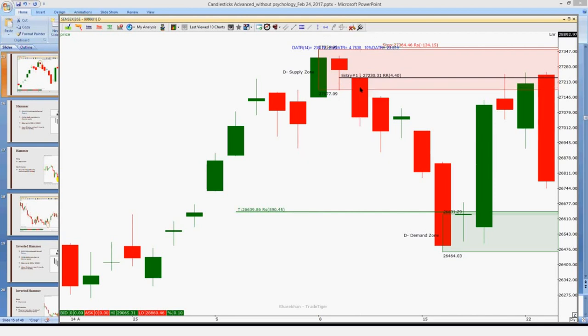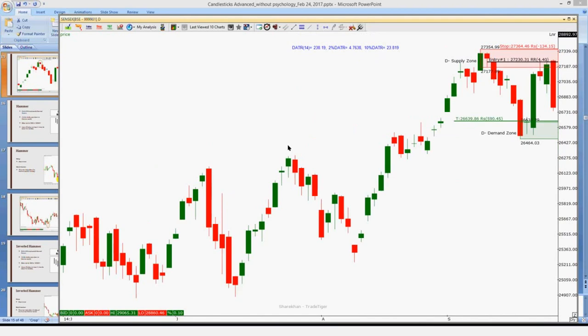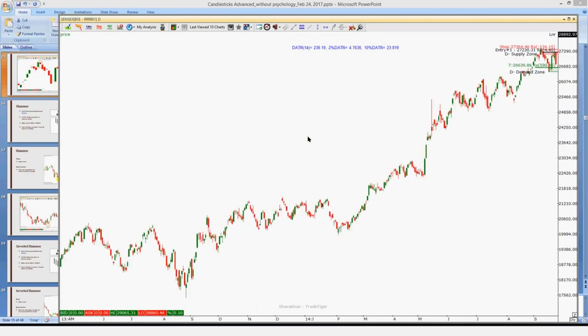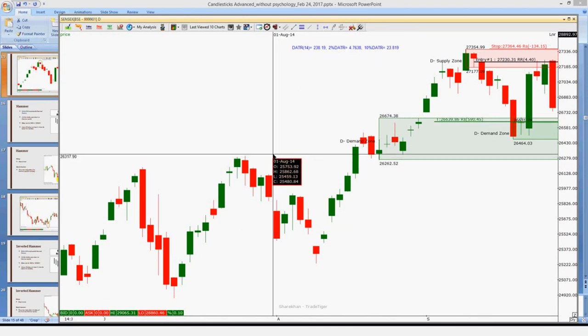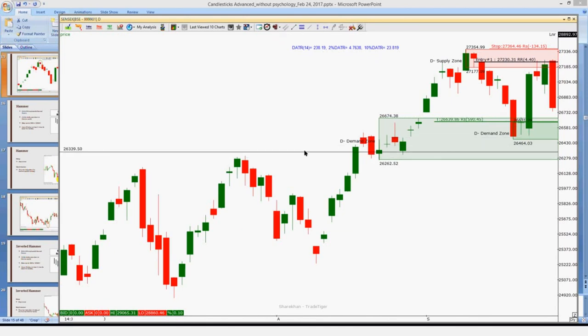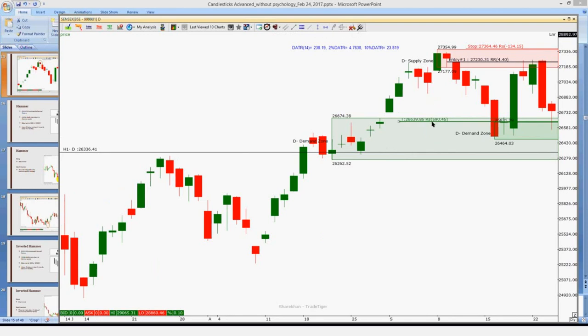Why am I planning it like that? Because this red candle's upper shadow also indicates selling, right? So I'm planning my trade like that, and what I'm targeting here is this level, because this is basically a bullish flag limit, right? That is my target, a little bit above that.